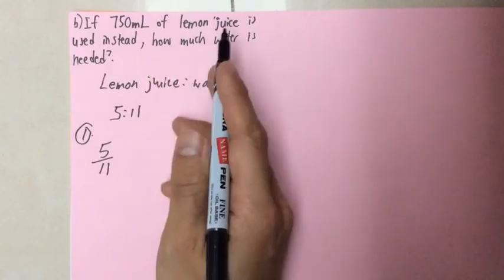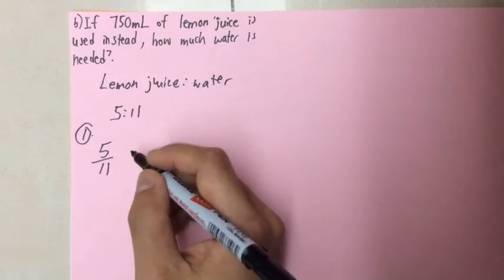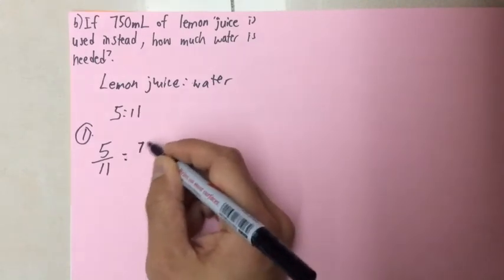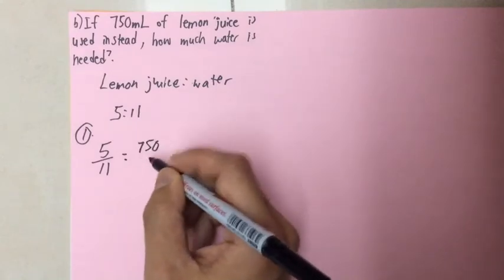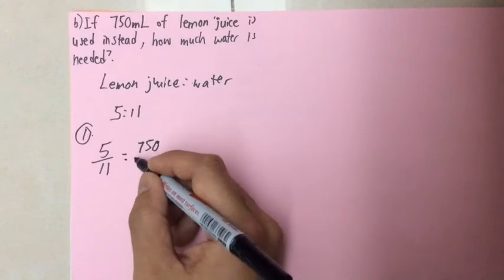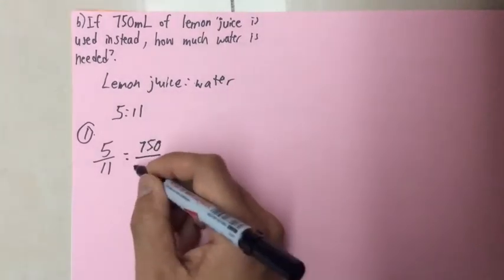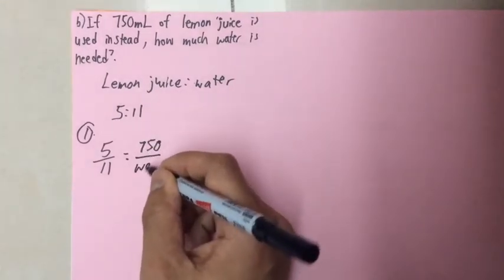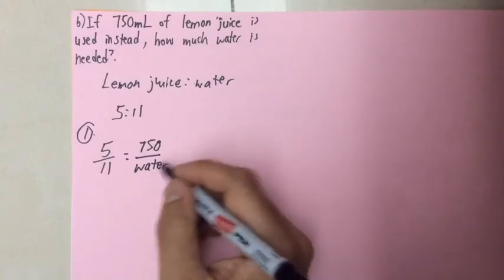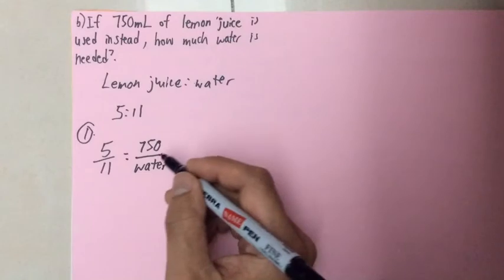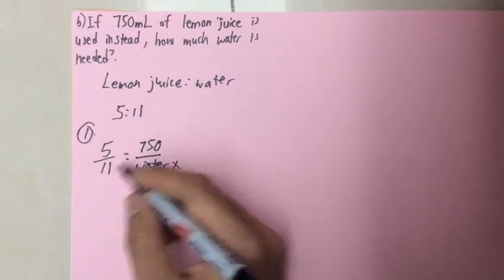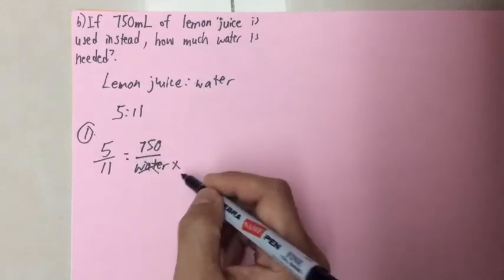We know that 750 milliliters of lemon juice is used, so we can have 750 over the amount of water. Let's keep it simple and use a variable, x. 5 over 11 is the same as 750 over x.